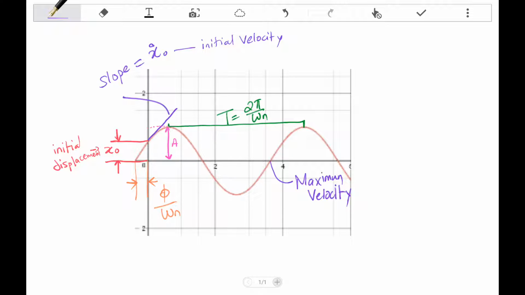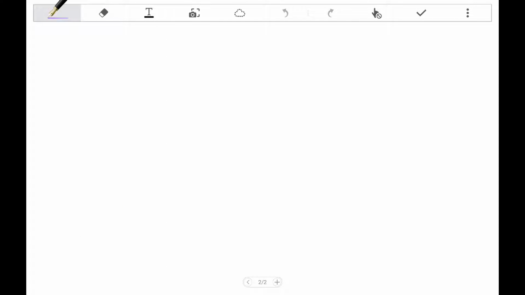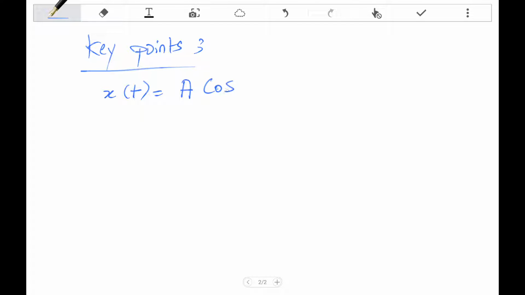Okay, so now I'm going to talk really quickly about some key pointers here. Let's switch to blue. It's a better color. Key points, basically. So let's say the harmonic motion equation is x of t equals A cosine of omega n t plus or minus phi. So let's talk about this sign here.